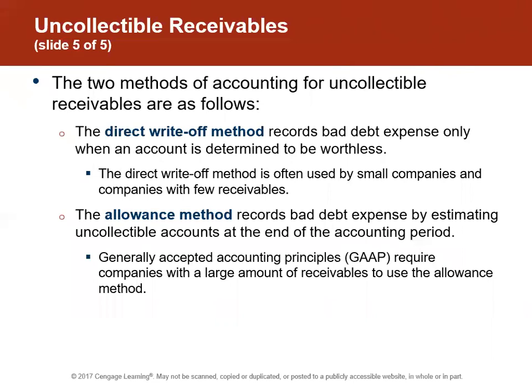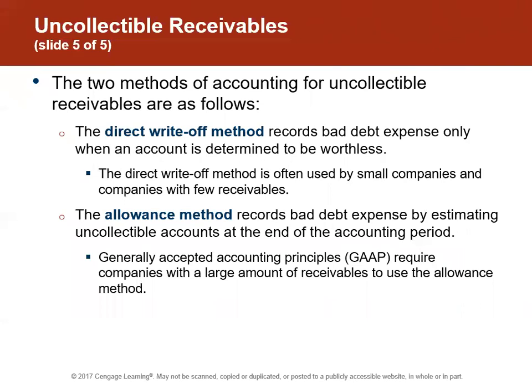The allowance method, we're not looking at account by account every year. What we're doing is we're looking at the end of the year. You remember adjustments that we did in chapter 3 that everyone loves so much? It's an adjusting entry. So what we do is at the end of the year, we'll assume the fiscal year runs January through December. So at the end of December, we look at all of our accounts receivable and we use some type of allowance method, which we'll talk about, and estimate of those accounts receivable or of those credit sales, how much is uncollectible for that whole year, okay?